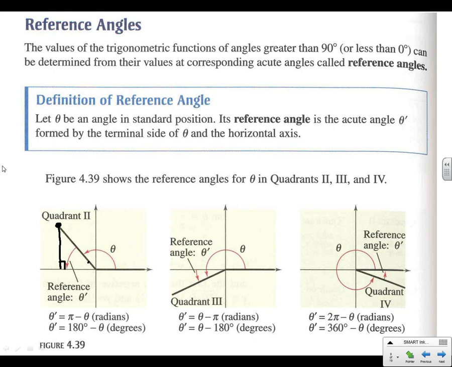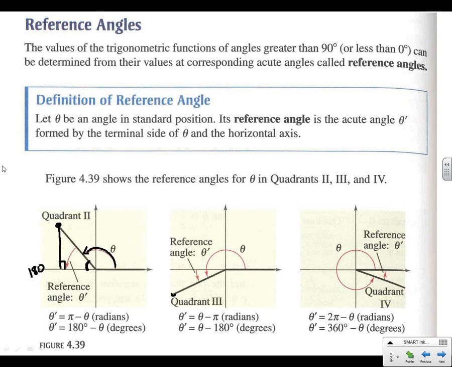Then ask yourself about the inner angle, the one closest to the origin. What angle would that be? Well, that would be 180, because that's all the way over to here, minus whatever we started with, to find that angle in there.